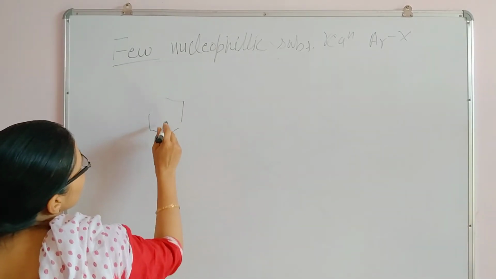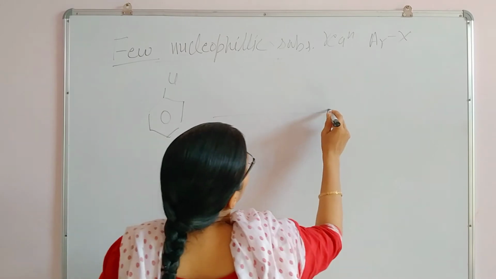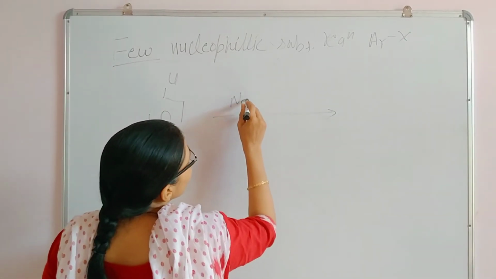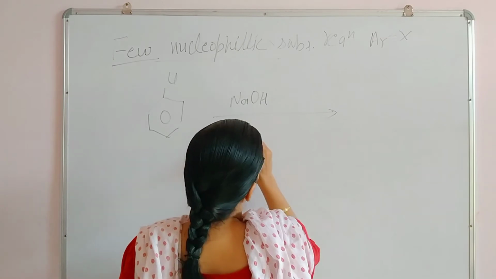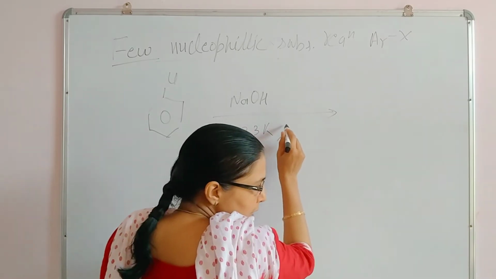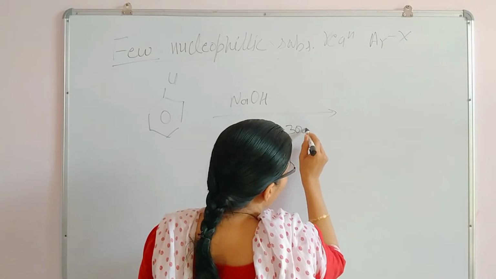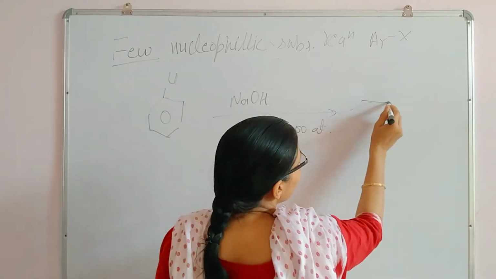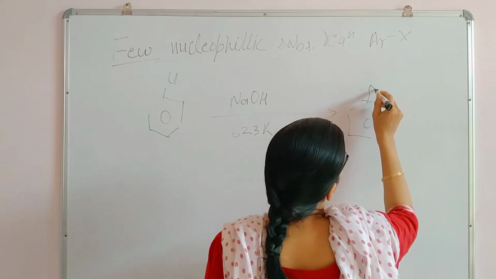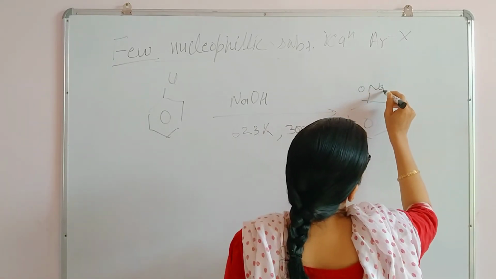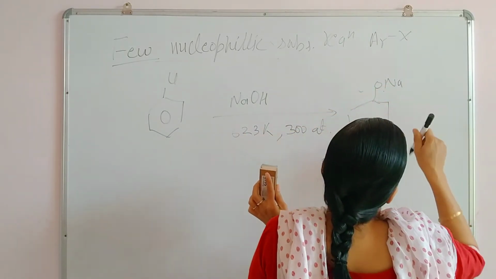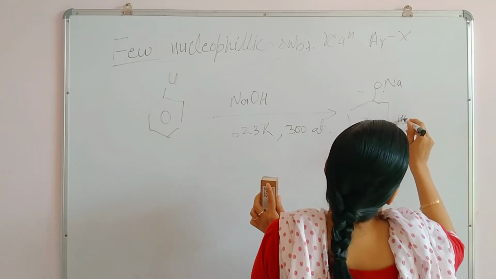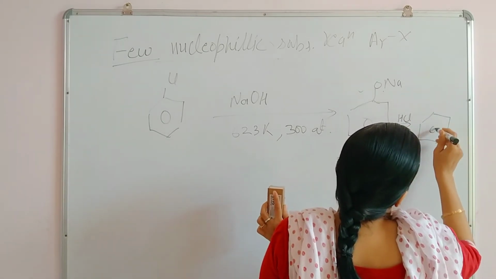This chlorobenzene plus NaOH at very high pressure, 623 Kelvin temperature and 300 atmospheric pressure, there will be formation of the sodium salt, and after hydrolysis with HCl there will be formation of phenol.